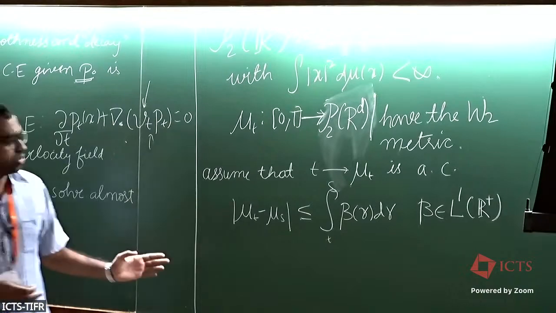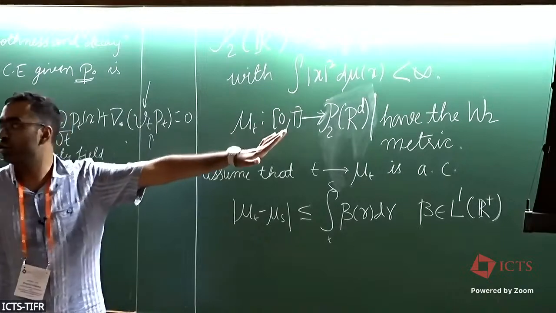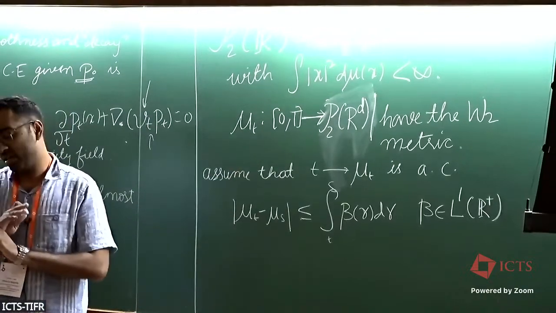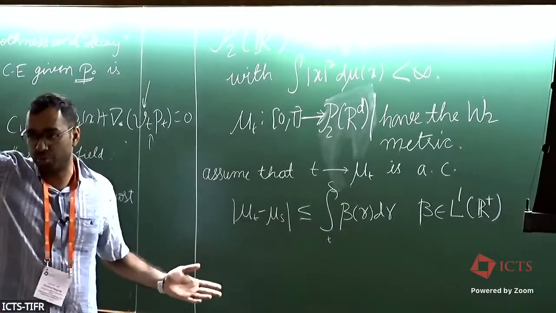Now suppose that we have a curve of probability distributions which is absolutely continuous in the Wasserstein 2 metric, which by the way involves a lot of probability distributions, a lot of paths in the space of probability distributions.